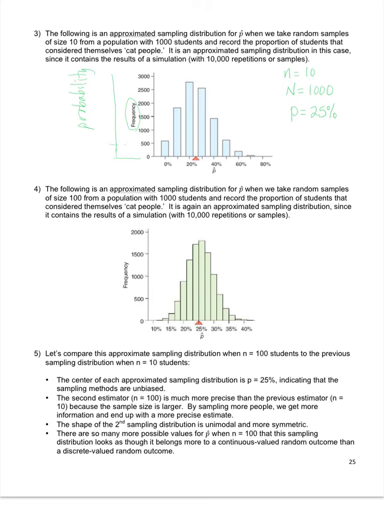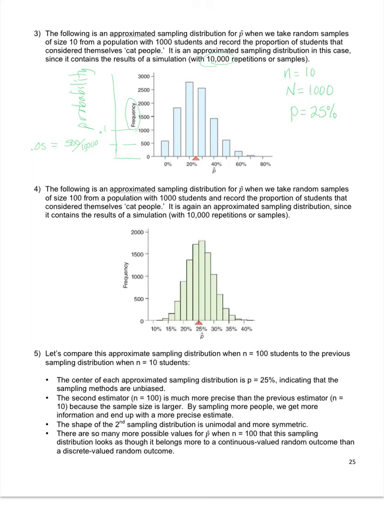So for instance, 500 out of 10,000 would give us 5% or 0.05. So again, we could rescale this axis and have probabilities on the vertical axis instead of counts.